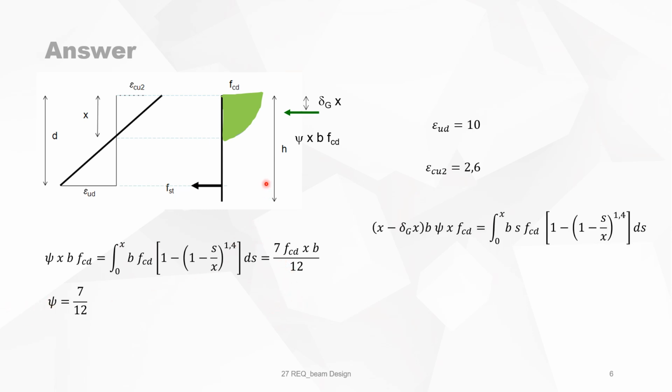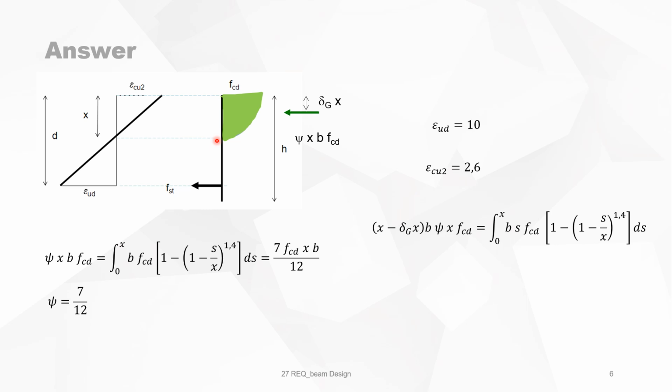Now we calculate the rotational equilibrium to find out what delta G is. So it's, of course, x minus delta G x multiplied by the total compressive component in the concrete.